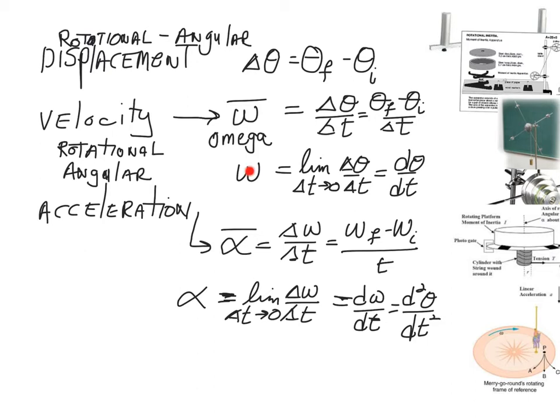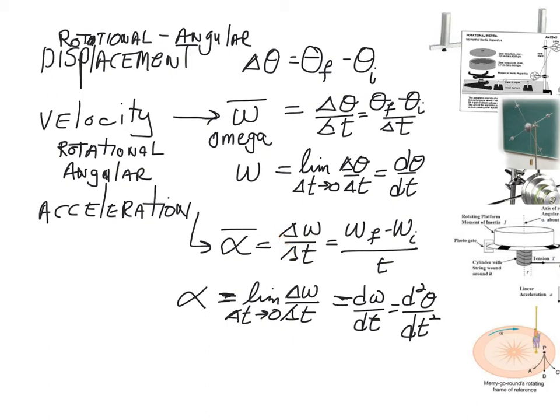And so at any instant, the way we define instantaneous angular velocity or rotational velocity is the limit as the ratio of delta theta over delta t goes to 0, or the derivative of theta with respect to t. And acceleration is just the rate at which the speed or angular velocity is changing.